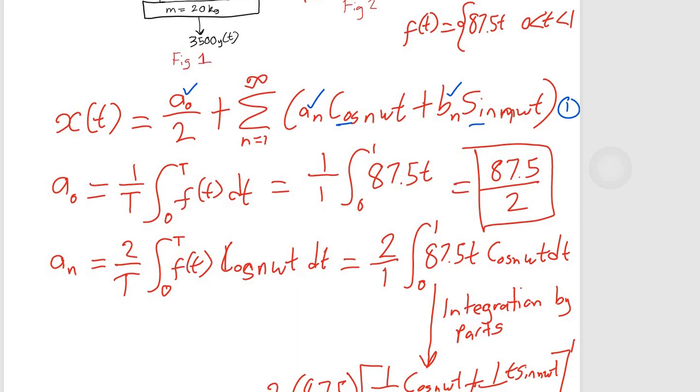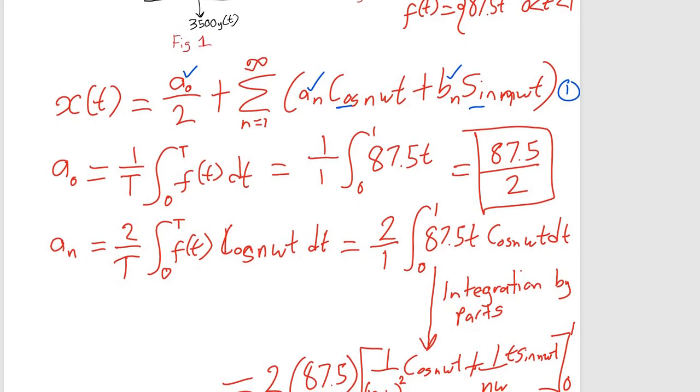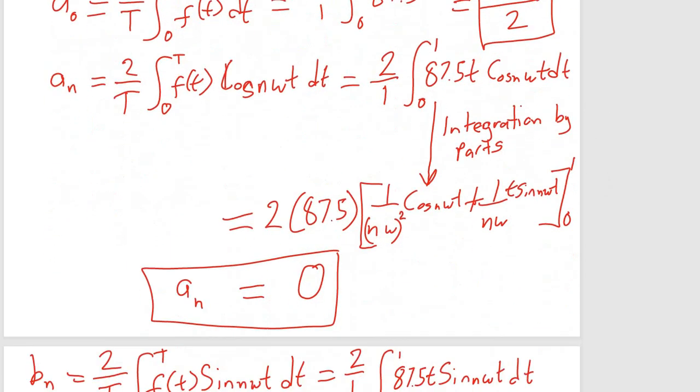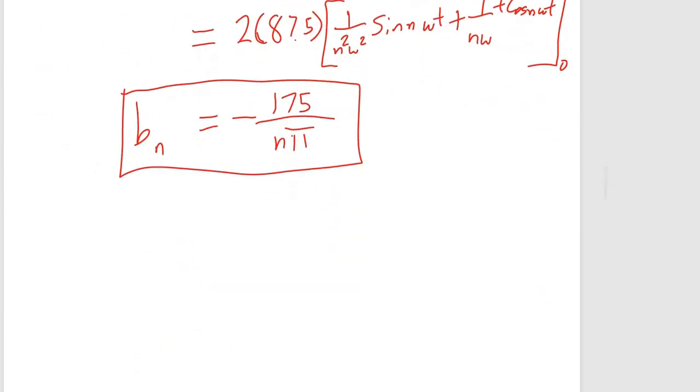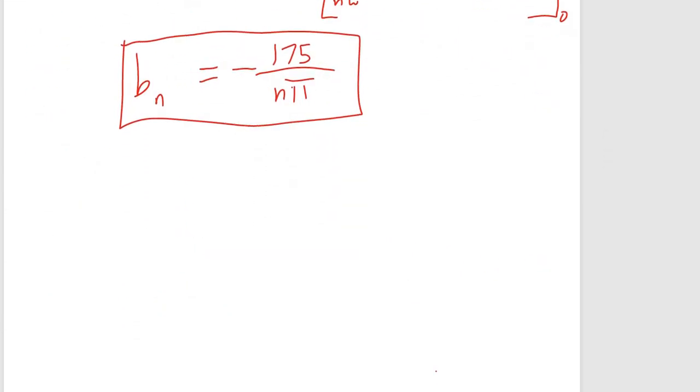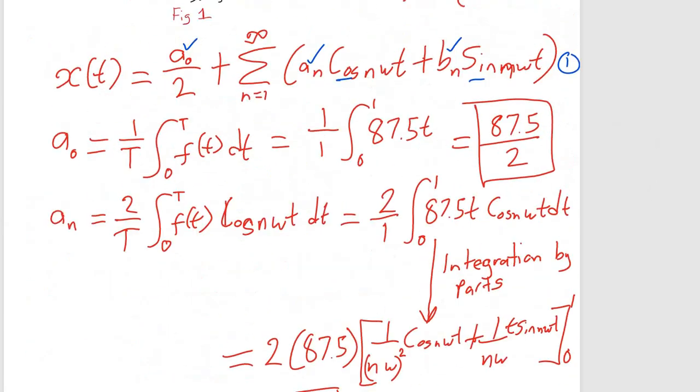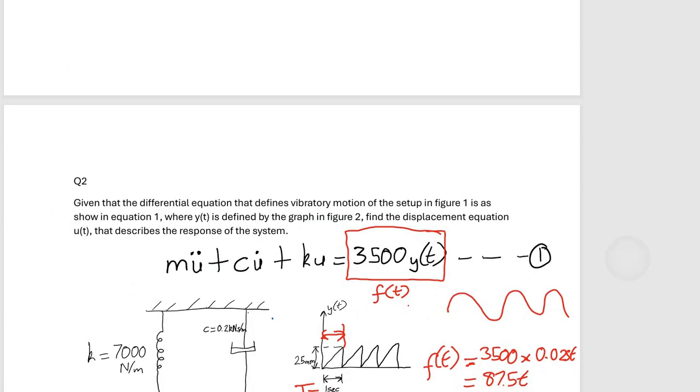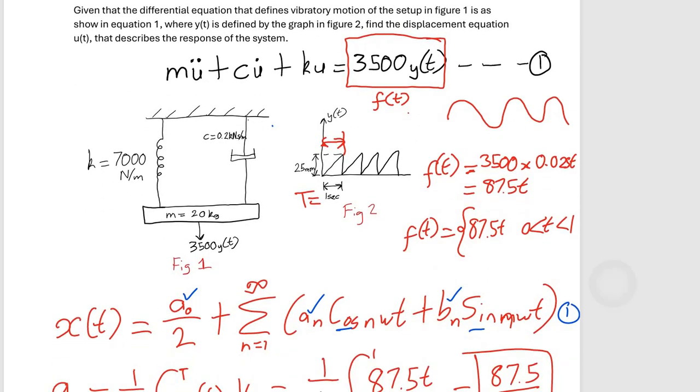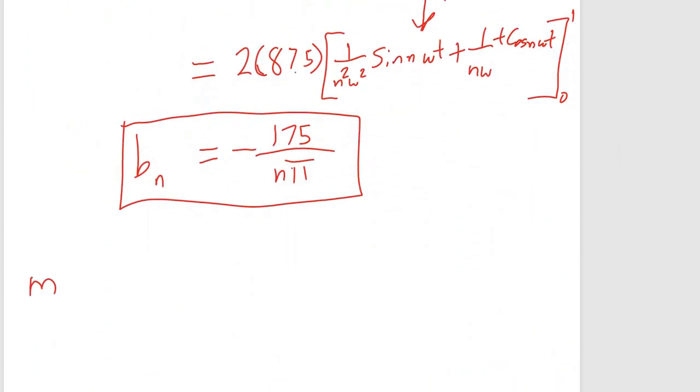Now we have found our expressions. This therefore means that we now have our differential equation, which was given on the first page, mu double dot plus cu dot plus ku, and it can now be written as an expanded expression as mu double dot plus cu dot plus ku.